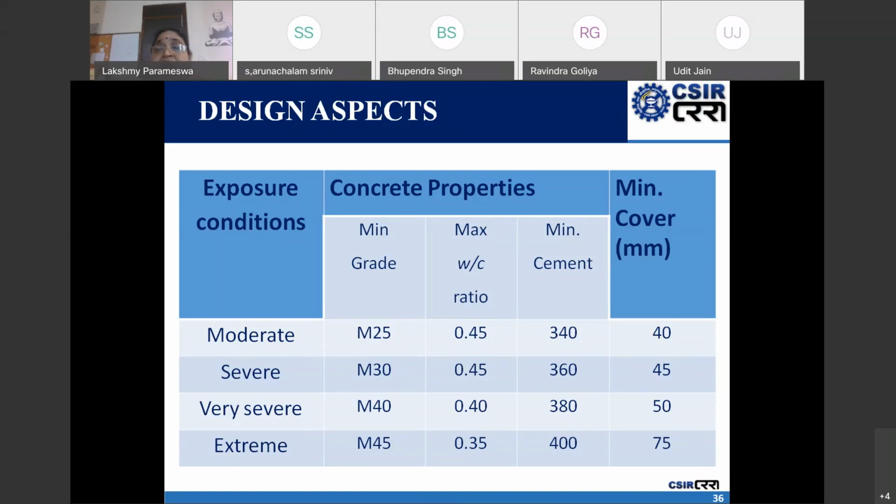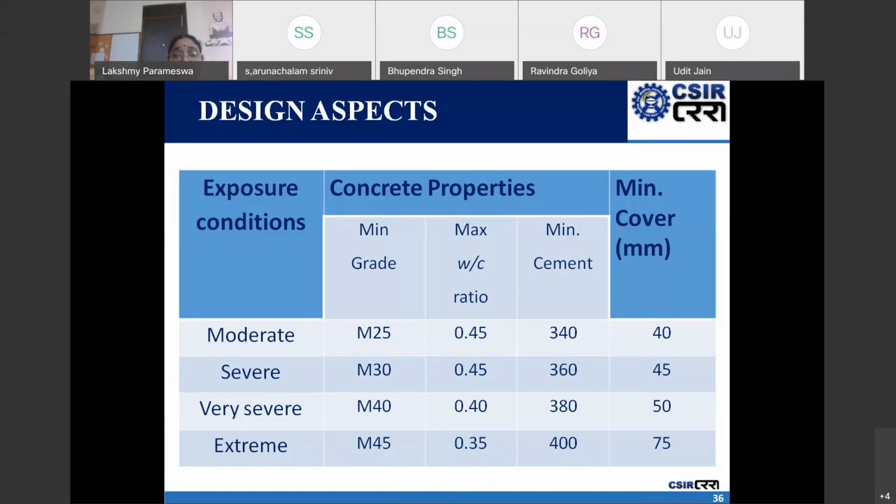For example, you have a box and there is congestion of reinforcement, or you have a very thick pier, but there is congestion of reinforcement, especially when you have the ductile detailing. There is lot of congestion of reinforcement. So what should be the minimum cement content, that is to achieve the workability and minimum cover?